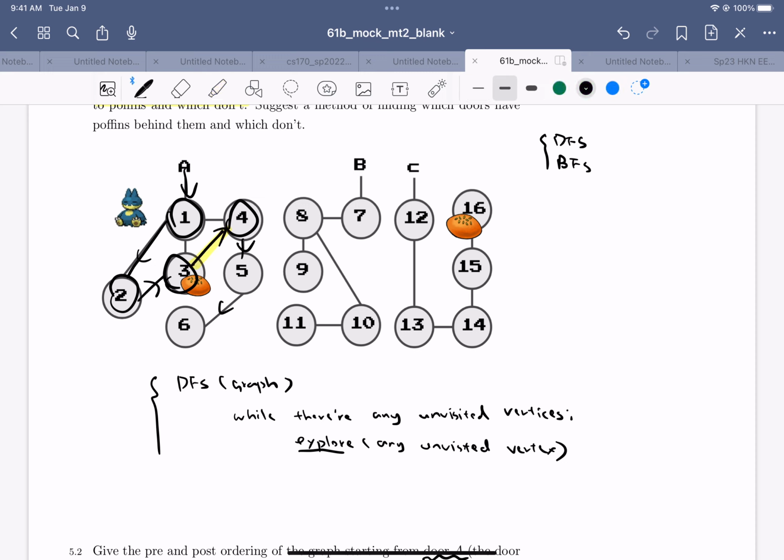Okay, we want to connect the first component to the second component, so we're going to connect vertex 6 to 8. Right, it's not 8, we want to connect to 7 because it's the root of the new component. Okay, this one. 7, and from 7 we go to 8. From 8 we go to 9, and from 9 we go to 10.